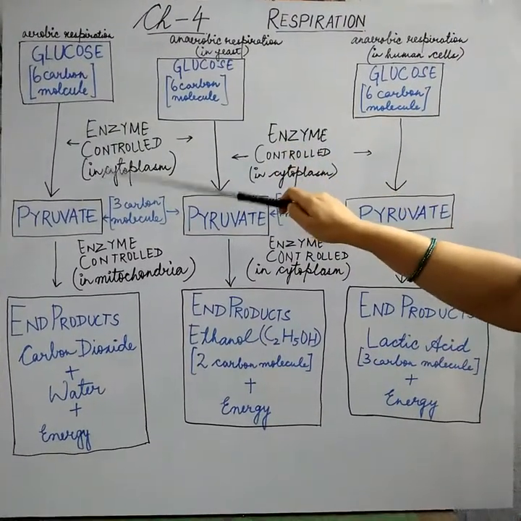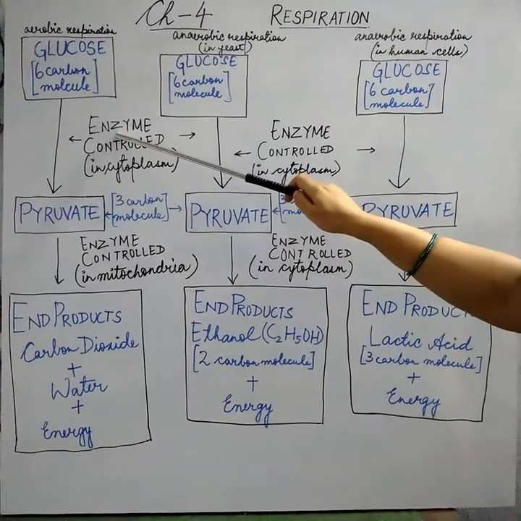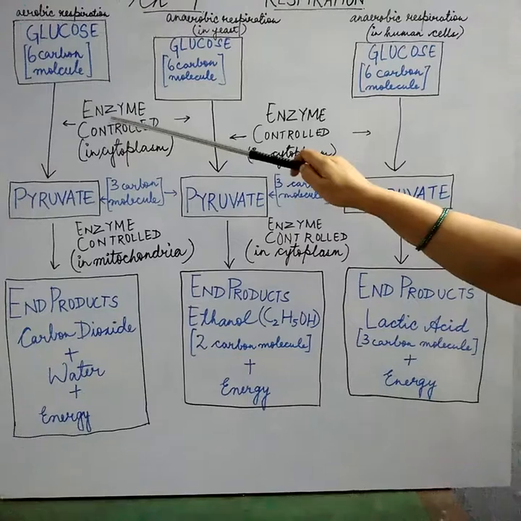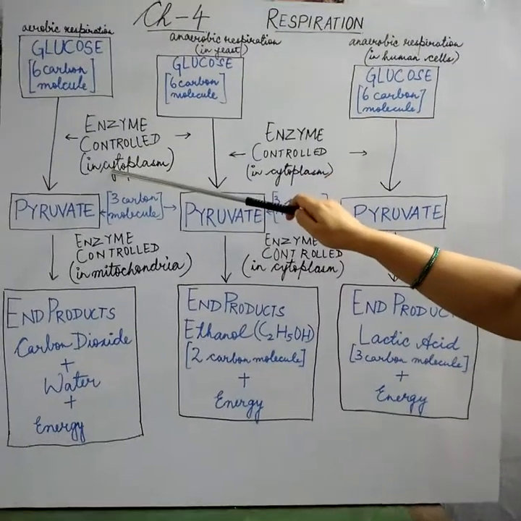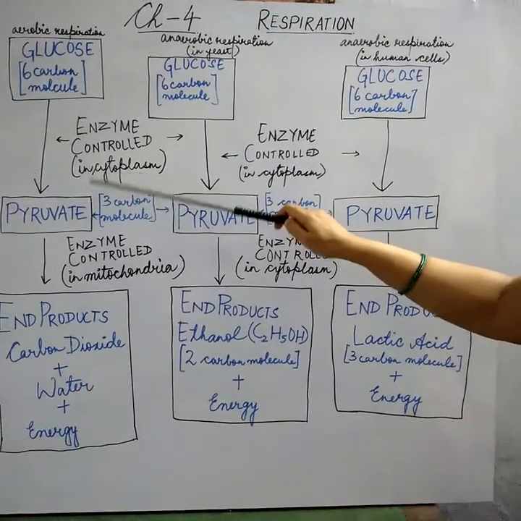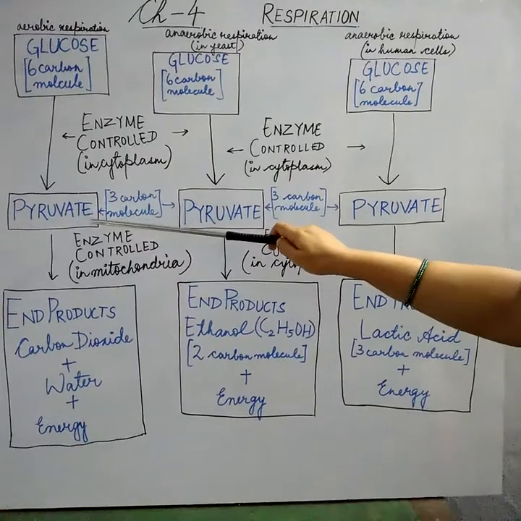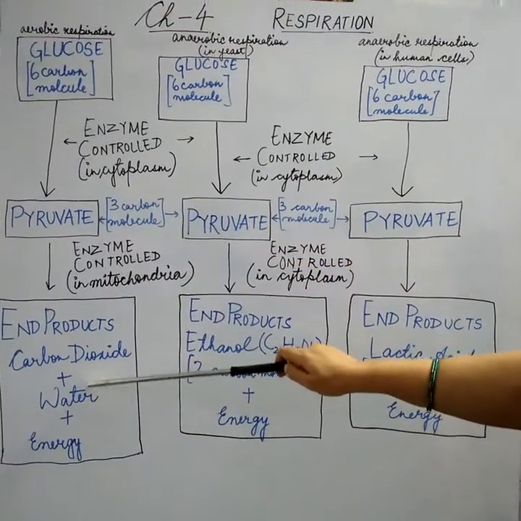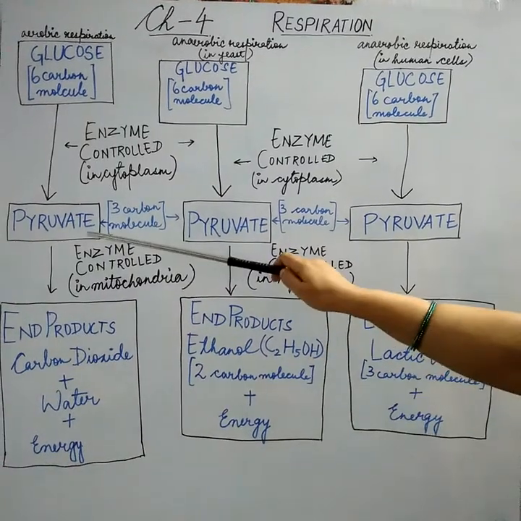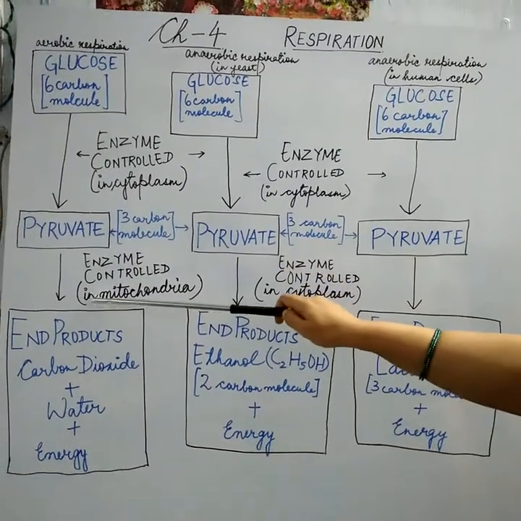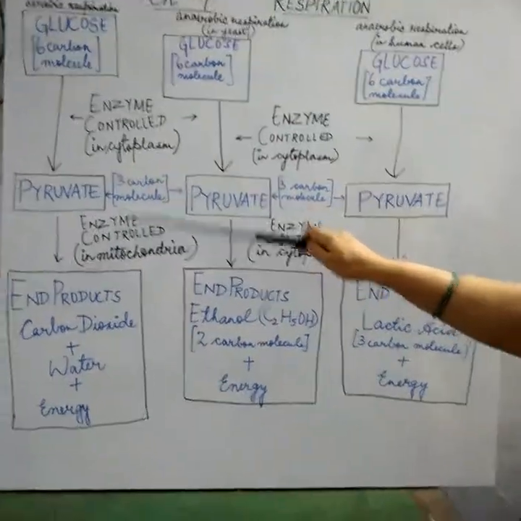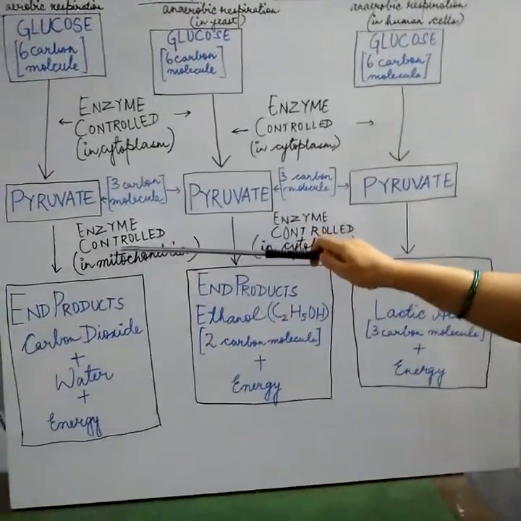This step takes place in presence of enzyme, that is why it is called enzyme controlled step, and this takes place in the cytoplasm of the cell. Now pyruvate is converted into carbon dioxide plus water plus energy. The second step takes place in mitochondria of the cell, and both the steps are enzyme controlled steps.